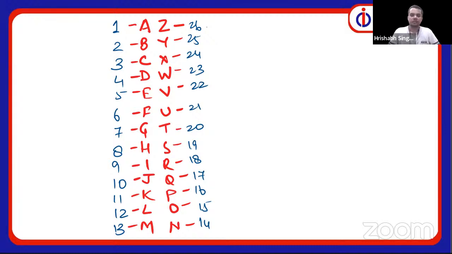Okay, so here it is. The positions of the alphabet in English. Okay, in English, what is the position of each alphabet? So there are 26 alphabets in English.